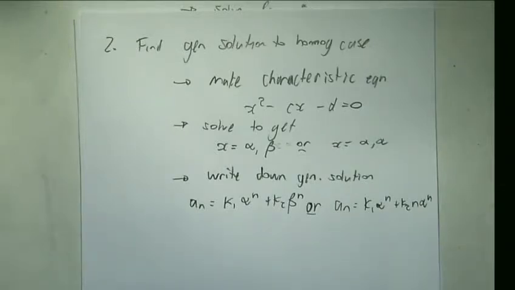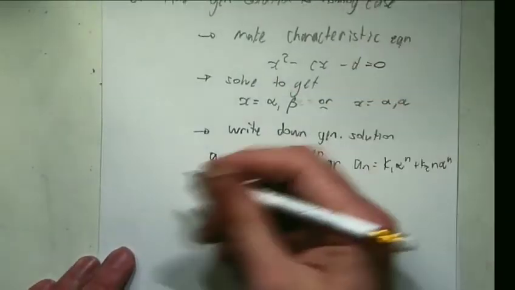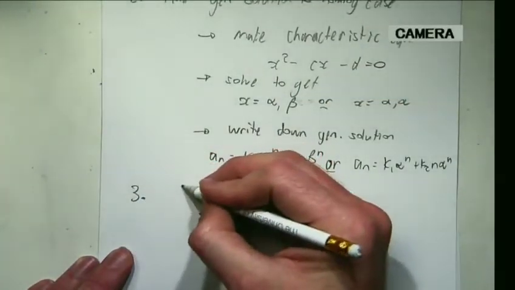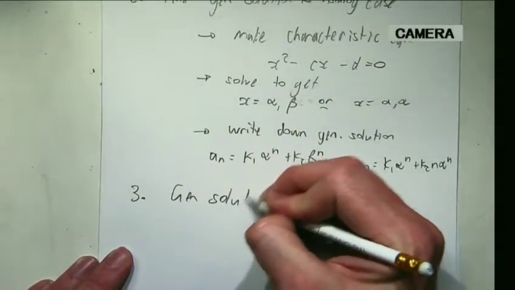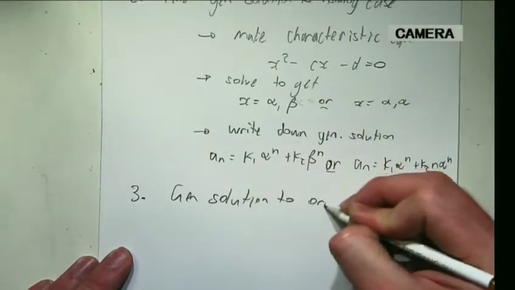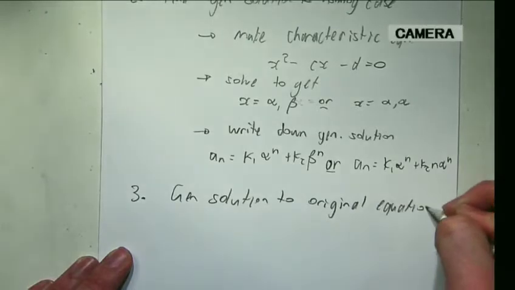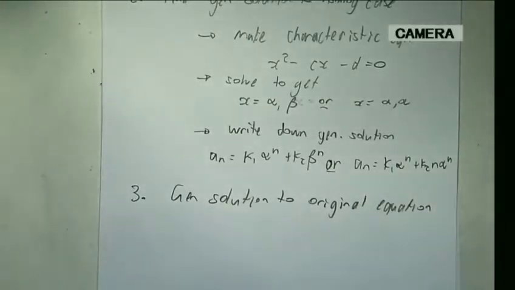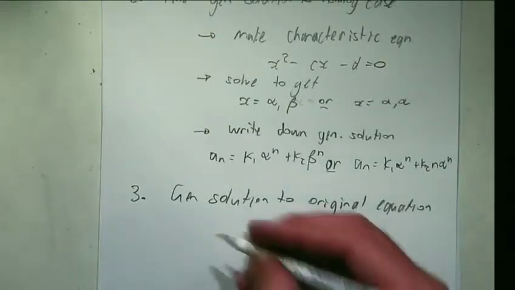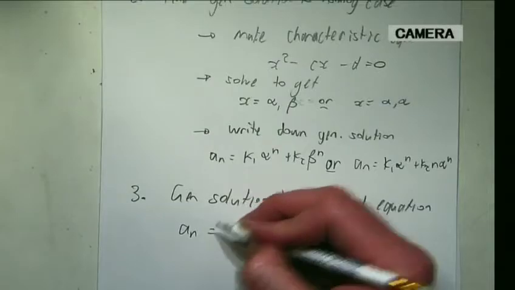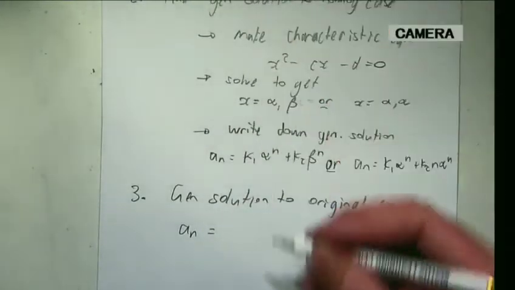Okay? And then step 3 is to add them together. Step 3 is the solution to the original equation. So we get that A_N equals whatever our original one was.